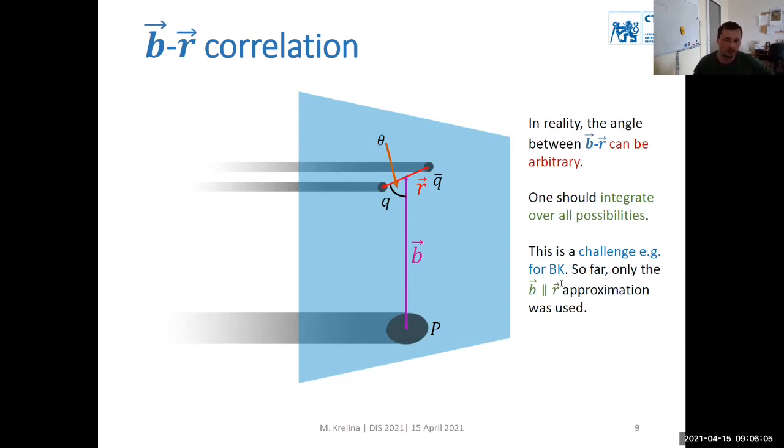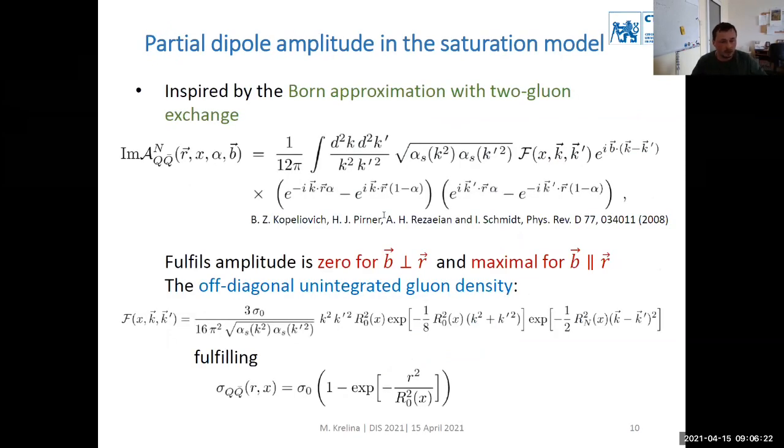So far, my colleagues work on this topic. So far, they have results for when b and r are parallel, but as I know, they also work on the general case.